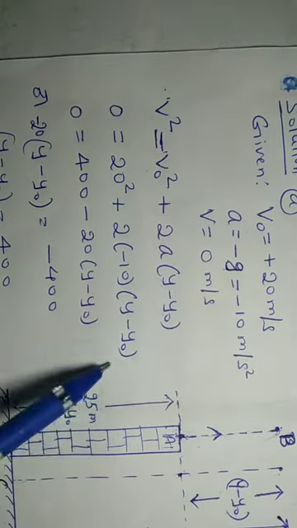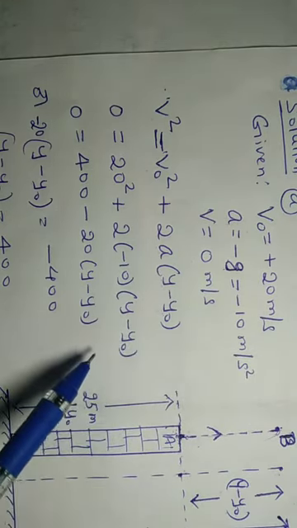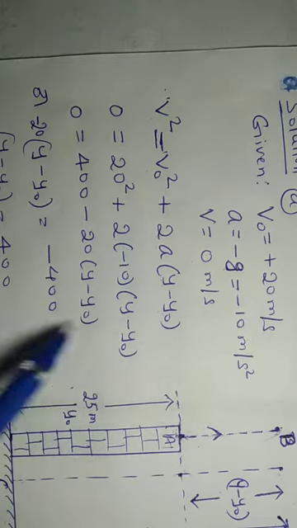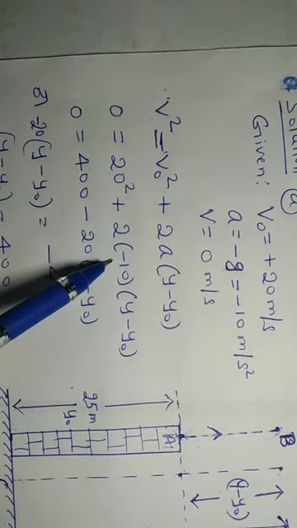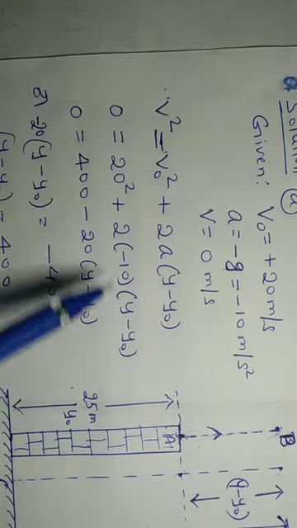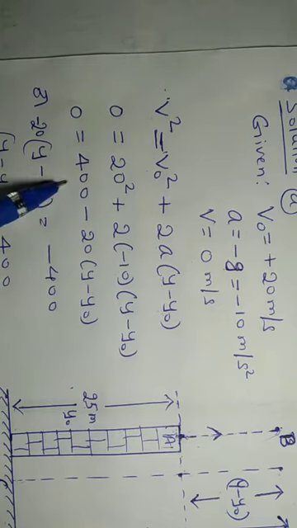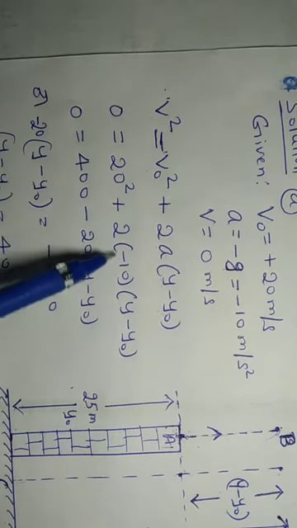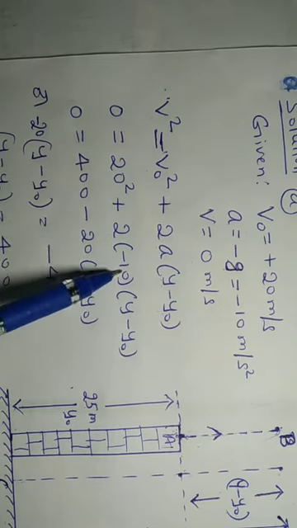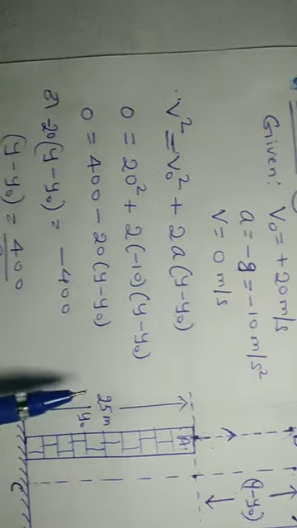Since gravity acts downward, we take the negative value, minus 10, into y minus y naught. So now you can solve. 20 square is 400, minus 2 into 10, that is minus 20, into y minus y naught.